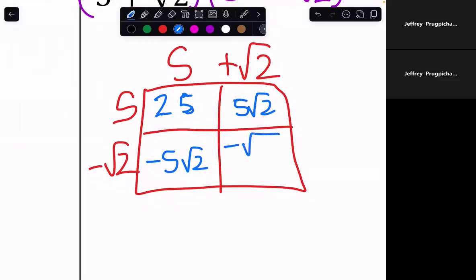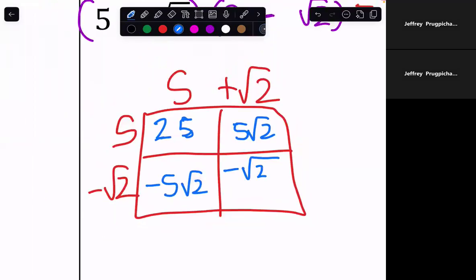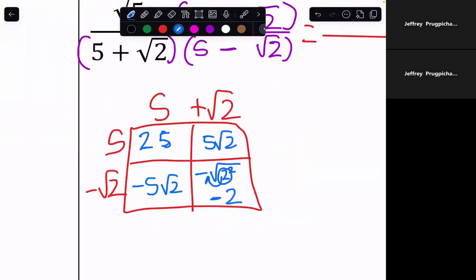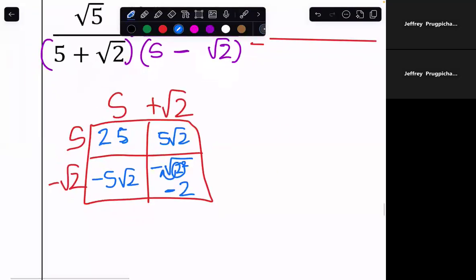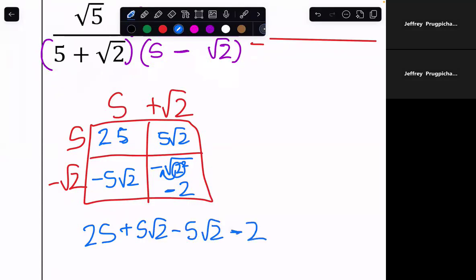And on the inside, 2 times 2 is 4, but I'm going to write it as 2 squared, because now I can take the 2 out front to make it negative 2, regular 2, so the radical is emptied. Overall in the denominator, I have 25, then positive 5 radical 2, minus 5 radical 2, and then minus regular 2.